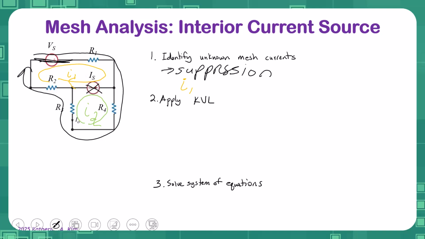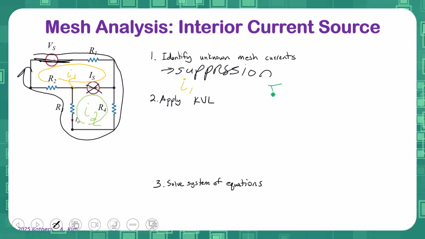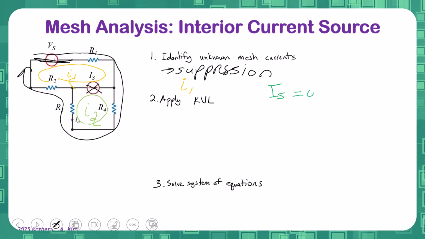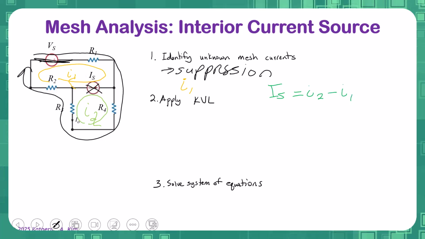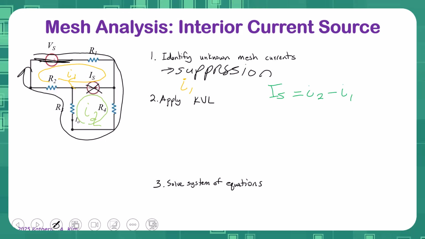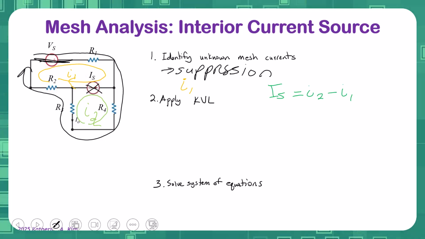And this is because if we look at the other circuit, we know that IS is equal to I2 minus I1. So once we know I1, we automatically know I2. So there's only one unknown mesh current. Okay, great. So then we have our one unknown. That's actually good because fewer unknowns is better.